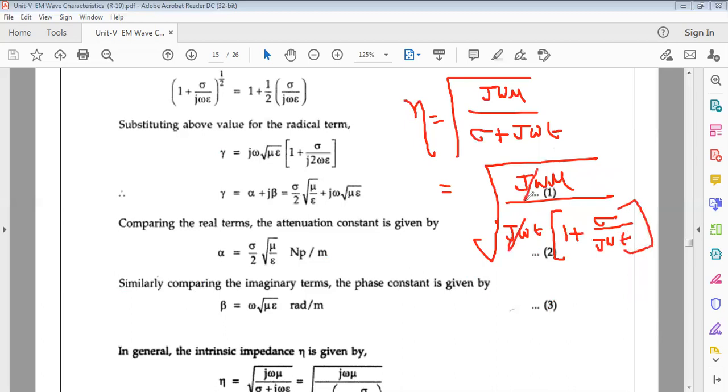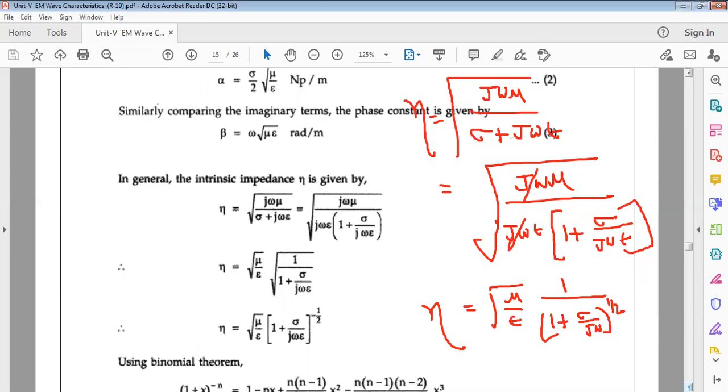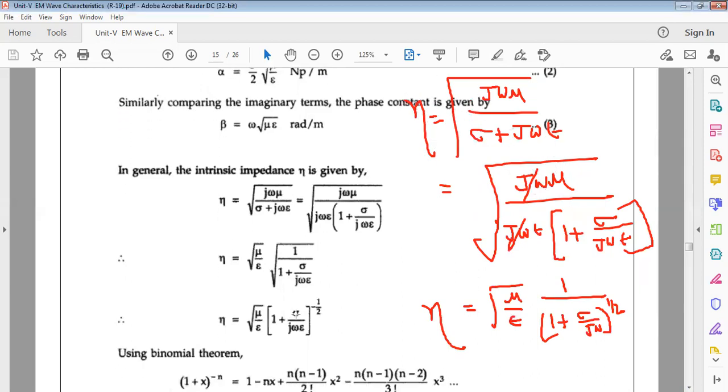So j omega cancels and it becomes under root of mu by epsilon and 1 by 1 plus sigma by j omega epsilon whole power 1/2. Got it, my dear students? Eta is equal to the same thing, with 1 plus sigma by j omega epsilon in the denominator.